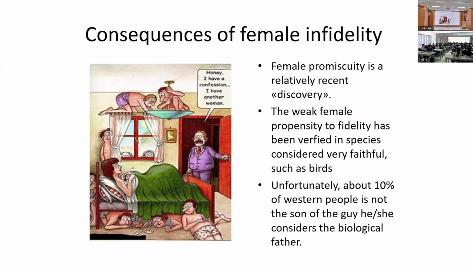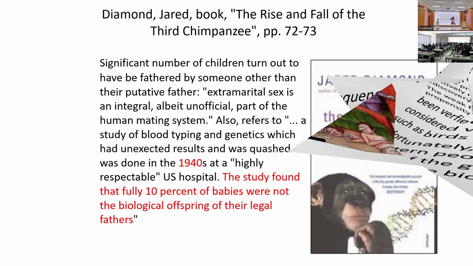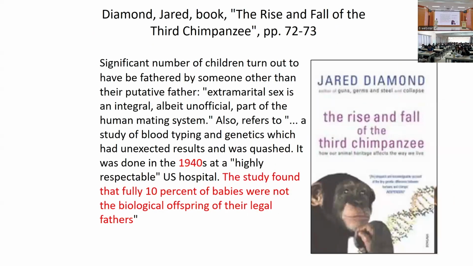The father raised her thinking, I am the proud father of this very beautiful girl, of this very smart boy. But 1 in 10 is not his. And this is very complex because it's strange. That result was demonstrated many years ago.